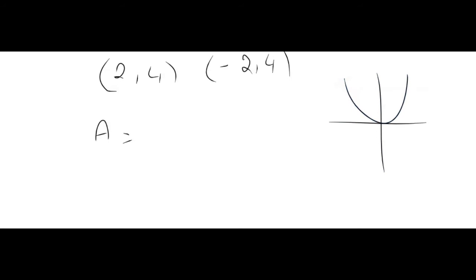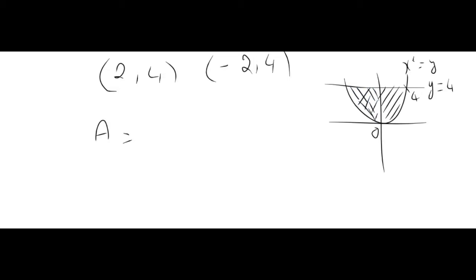This is going to be the line y is equal to 4 and this is going to be the curve x squared is equal to y. So it is 0 to this point is 4. It is enough to take one part of the region and multiply it by 2 so that we get the other part also.